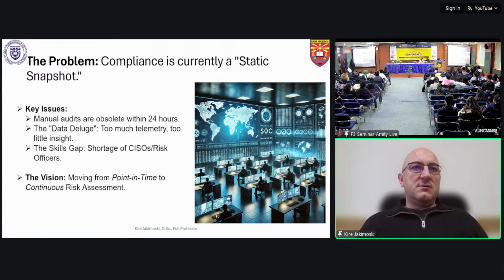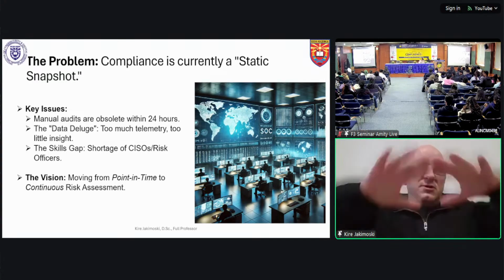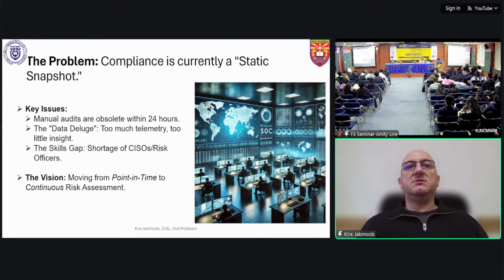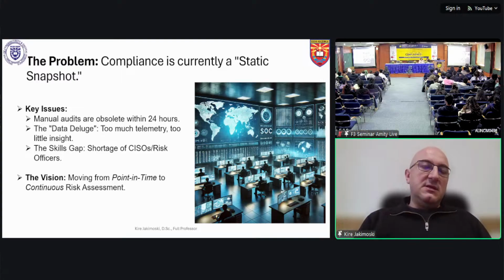Another skill gap in organizations is the shortage of CISOs, Chief Information Security Officers, and risk officers that deal with this broader picture of taking control of the risks that could exist in the companies. So the vision here is to move from point-in-time to continuous risk assessment that could have the whole picture of the risks at any time in a day.